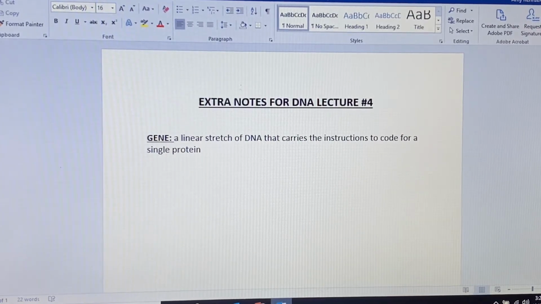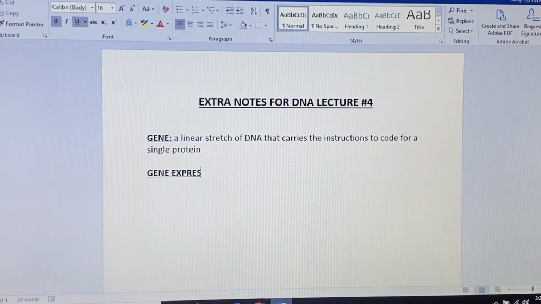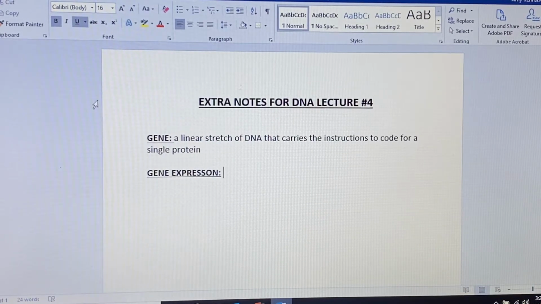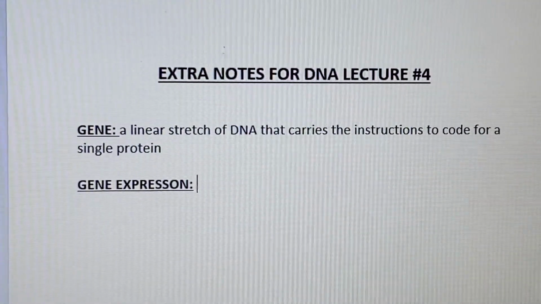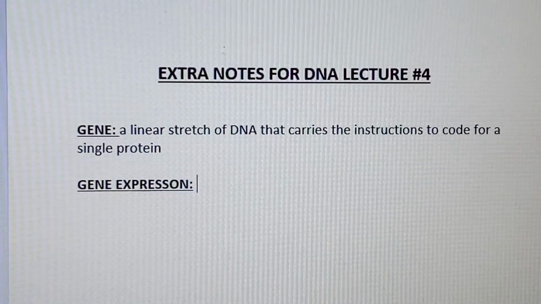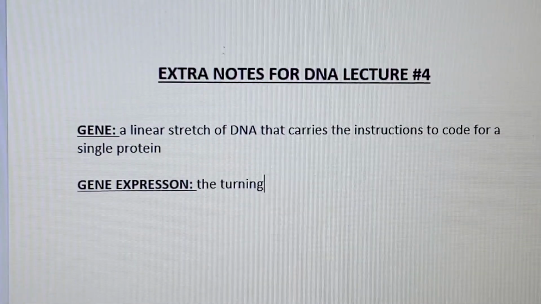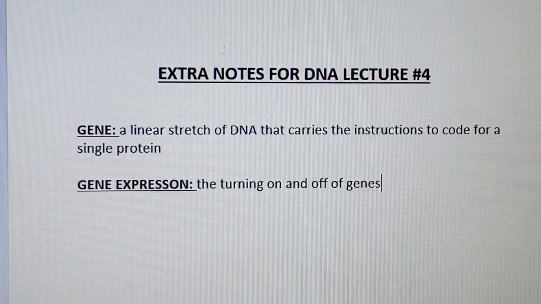Okay, second definition is gene expression. And gene expression simply refers to the turning on and off of genes.